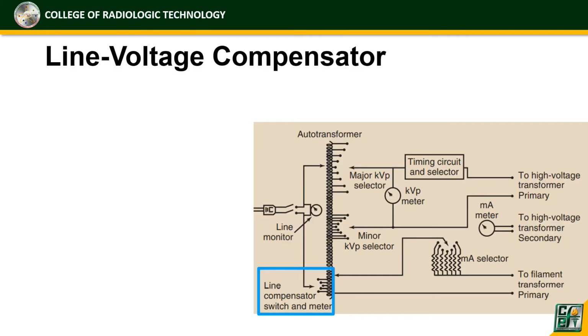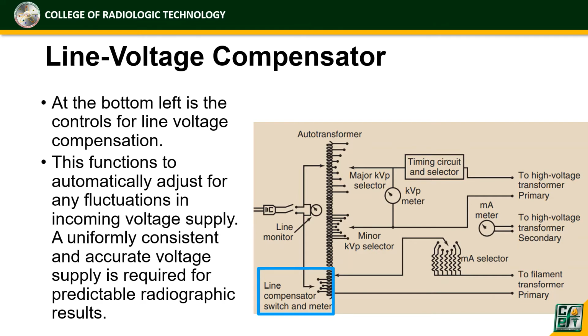So first, the line voltage compensator. In the circuit diagram, we can see that the line voltage compensator is located at the bottom left. This controls the voltage line compensation.